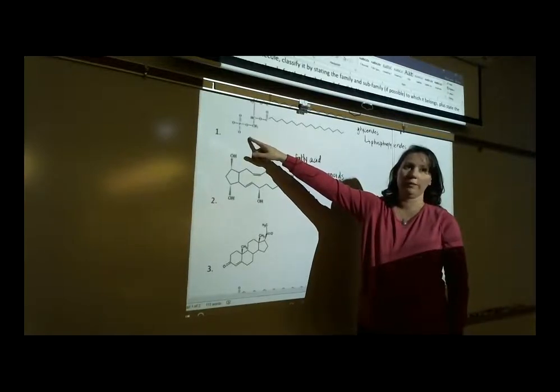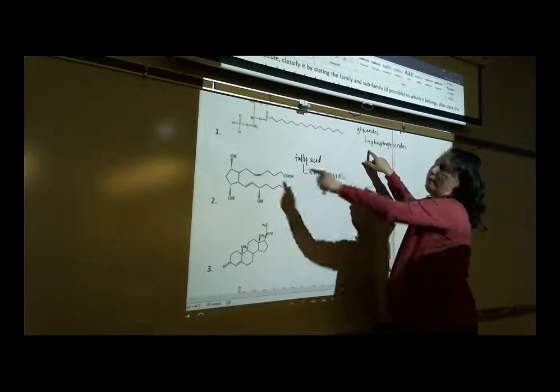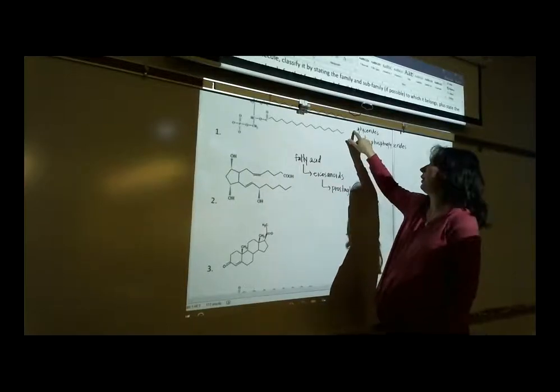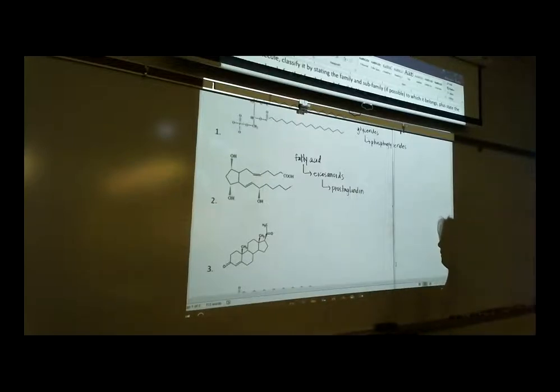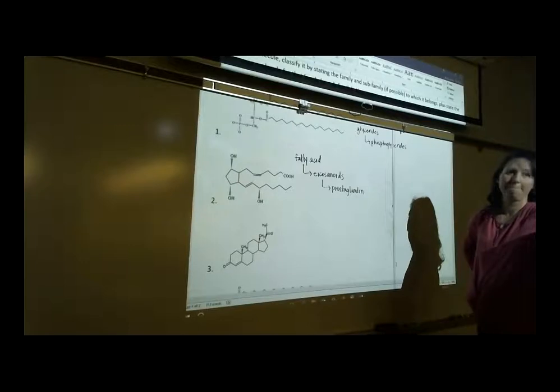No. All phosphoglycerides have a phosphate group, but do all glycerides? No. That's what makes it a special family, the presence of that phosphate group. Does that make sense? So the more specific it gets, the more layers you have.